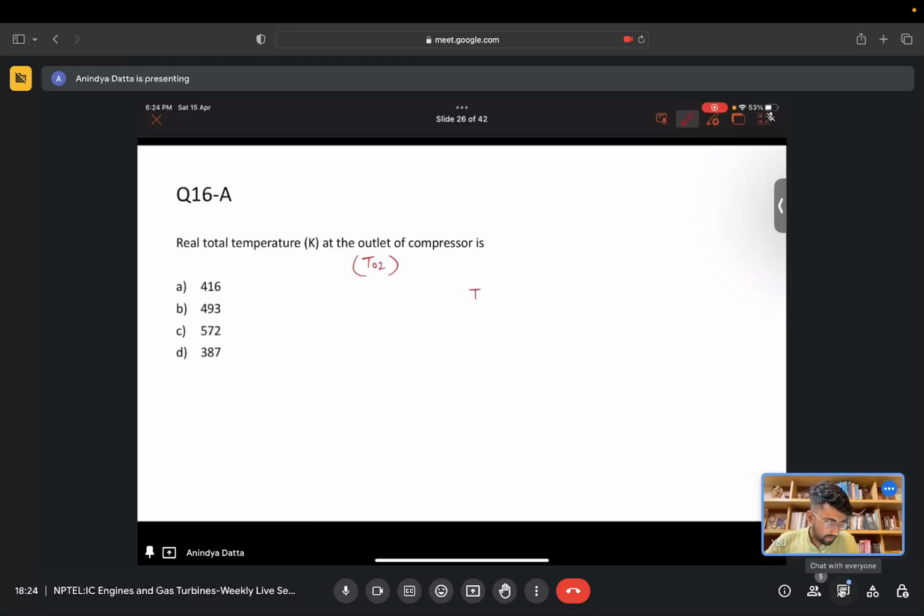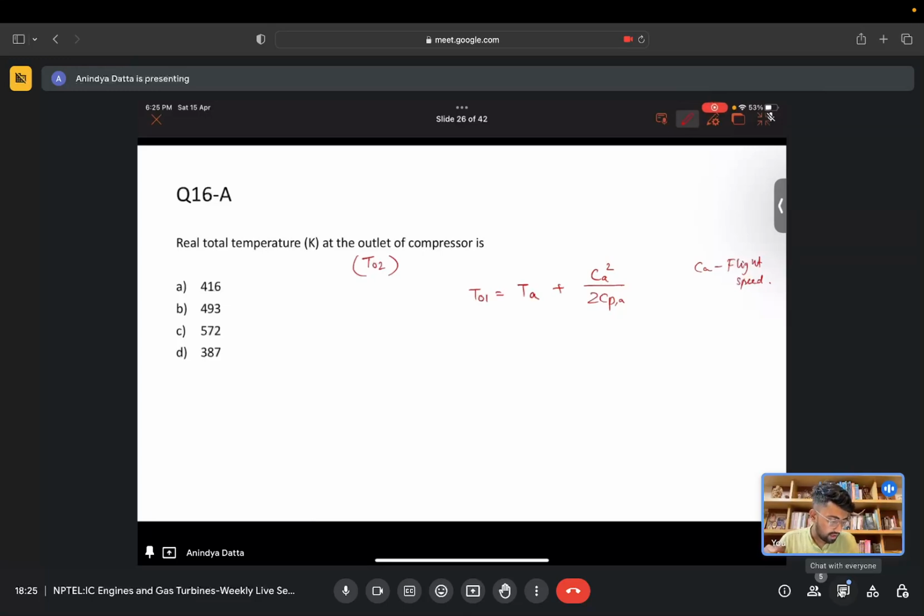T01 is our ambient temperature TA plus Ca square by 2 Cp, where Ca is our flight speed. So the static temperature of the ambient condition plus this term will give us the total temperature at the inlet of the compressor, right?